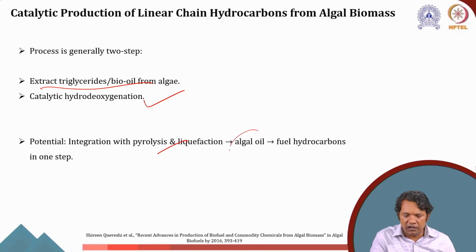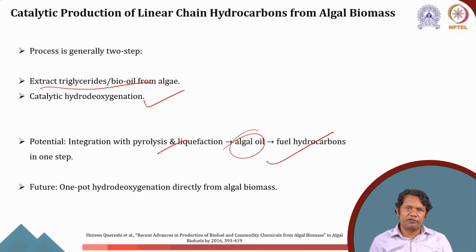So we'll get the algal oil, and the algal oil will be catalytically upgraded, or we can put the catalyst itself during the pyrolysis process. For the future, we can also try one-pot hydrodeoxygenation directly from the algal biomass. That may be a good option for the future, and I think that will be very helpful.